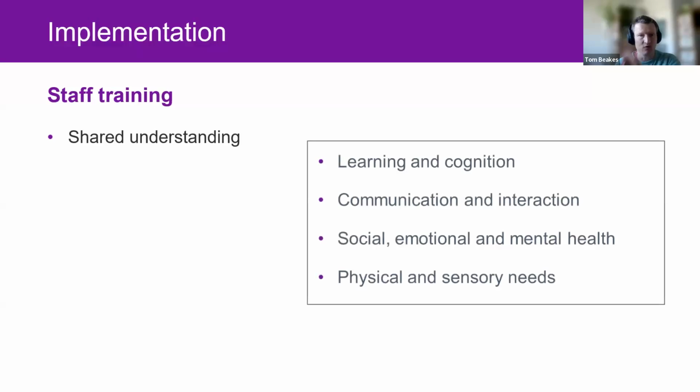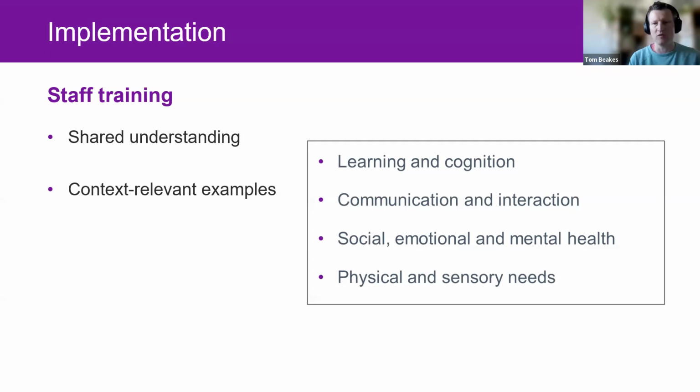That might be, for example, around the different areas of SEND that exist. It's also going to be really important in your school to have context-relevant examples from your setting. We have case studies in the guidance, but they are specific to the UK, so they may not transfer very well. So it might be worth coming up with your own if you're a SEND specialist.